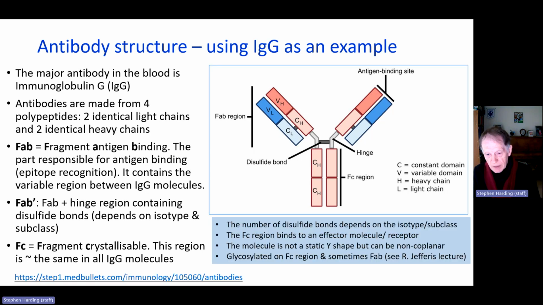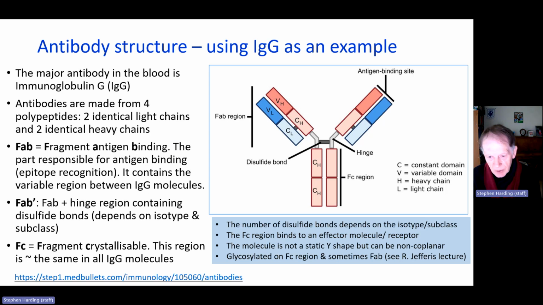Whereas the Fab regions bind to the antigen, the Fc region binds to an effector molecule or receptor, which could be on some sort of phagocytic cell.